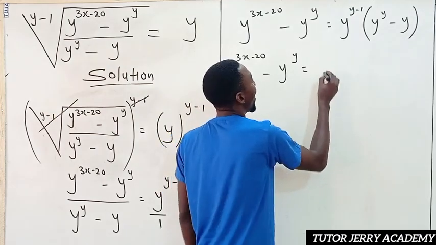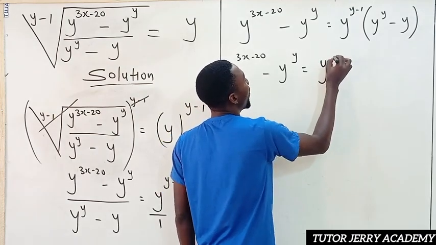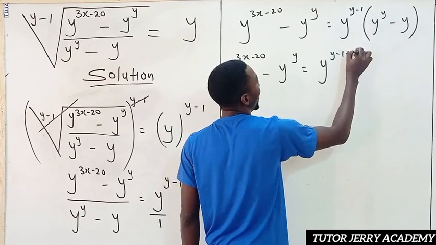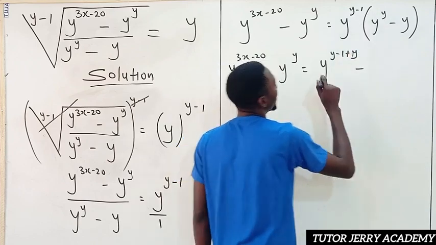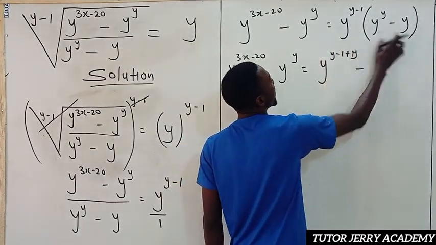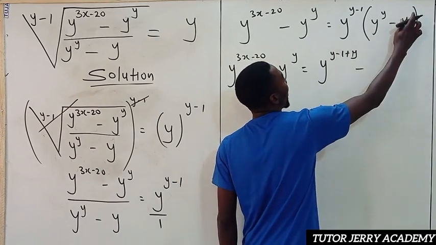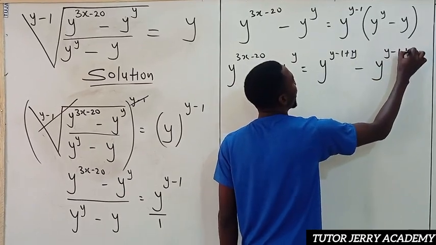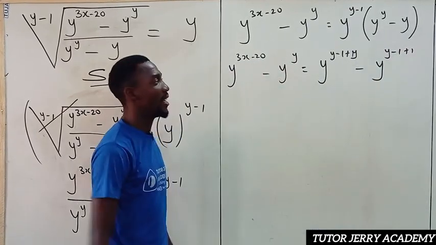So here we are going to have y to the power of y minus 1 plus y. Minus, so here again we have the same base. The power of y here is 1. So we take the base, then we add the powers together, y minus 1 plus 1. I believe you understand that.